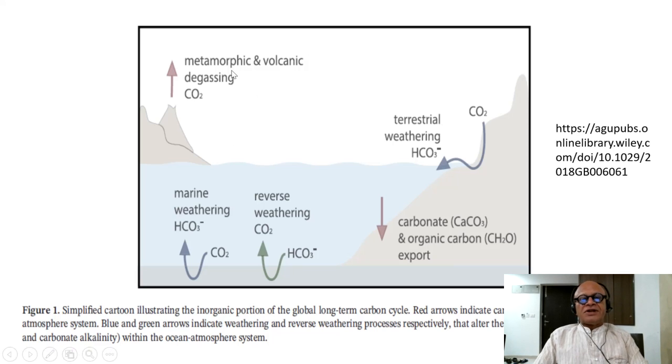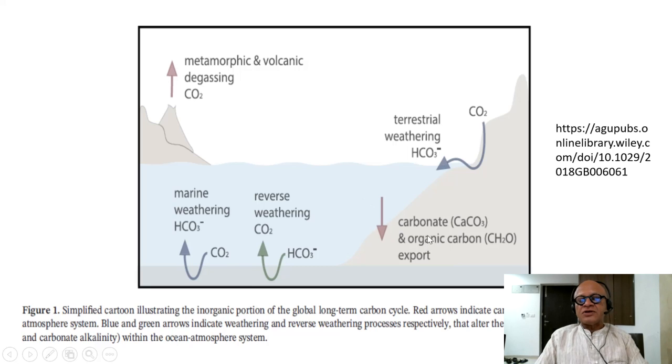So we already mentioned metamorphic and volcanic degassing of CO2. We have terrestrial weathering, which brings in the alkalinity related CO2 sinks into the water bodies, oceans, lakes, rivers, and so on.